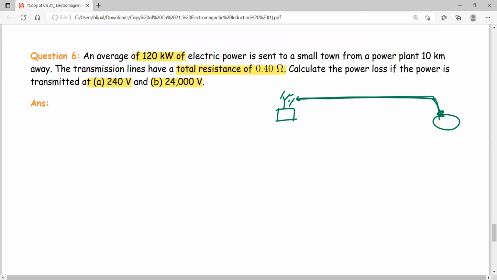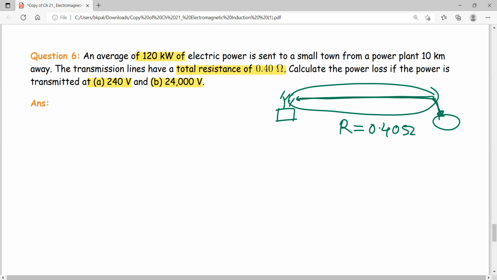Now it asks what is the power loss in this transmission line, given that the resistance for the whole 10 kilometer transmission line is this. Normally the resistance of a transmission line is very small. For a 10 kilometer long transmission line, the resistance is basically 0.40 ohm.